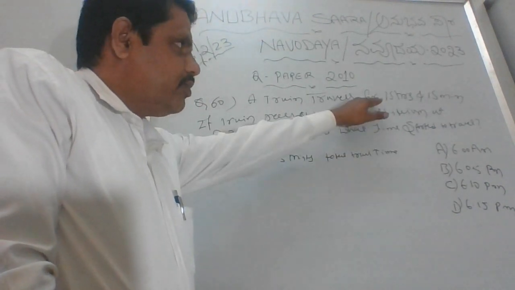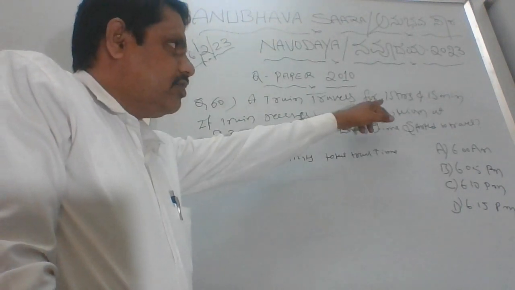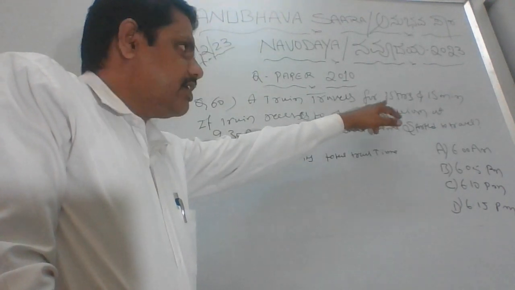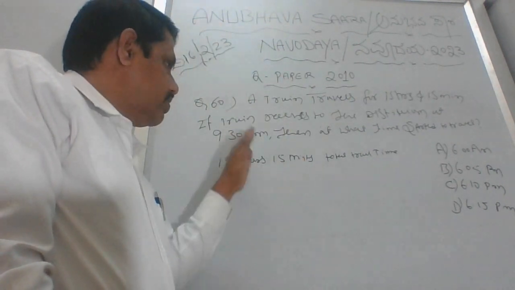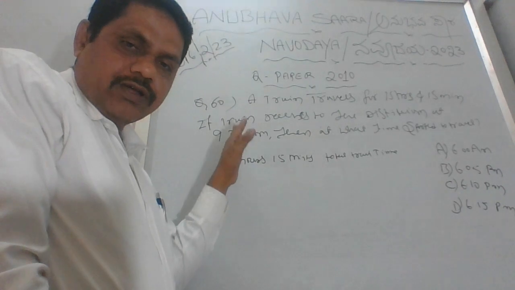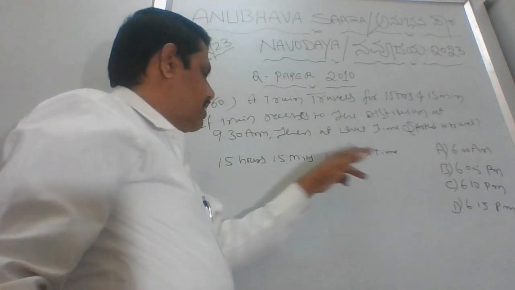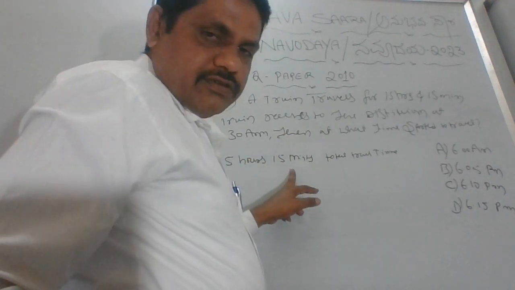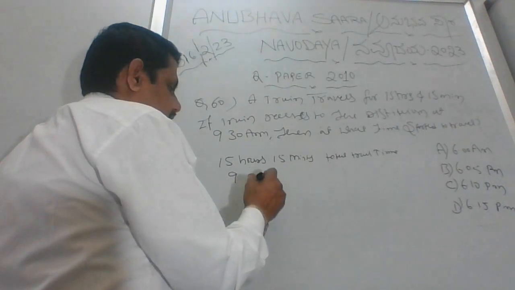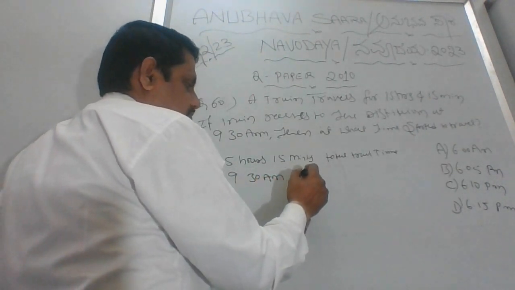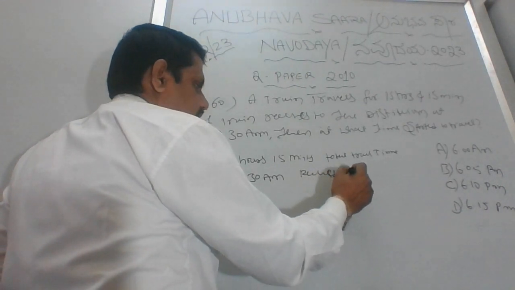They want to know when they start, they don't know. So it's not 3 o'clock. They have clearly mentioned that we traveled 15 hours 15 minutes and reached the destination at 9:30 in the morning AM. So the total travel time is 15 hours 15 minutes and they reached the destination at 9:30 AM.